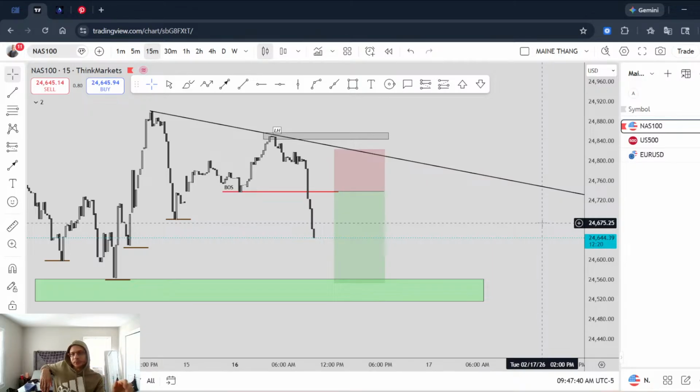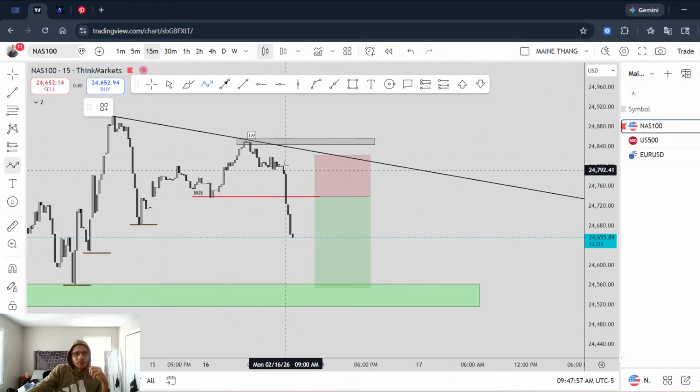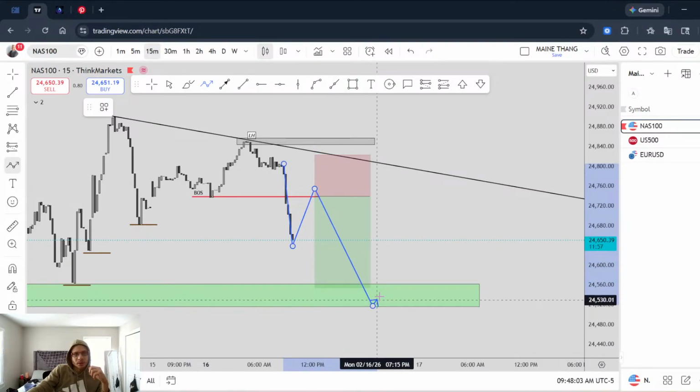Still early. Let's see if at 10 o'clock it starts going back up. Same thing on the lower time frames. You got an indication. Need that correction at 10 in order to get our continuation.